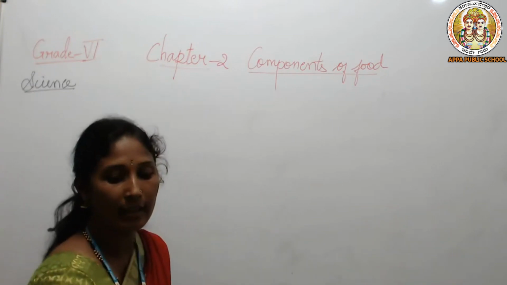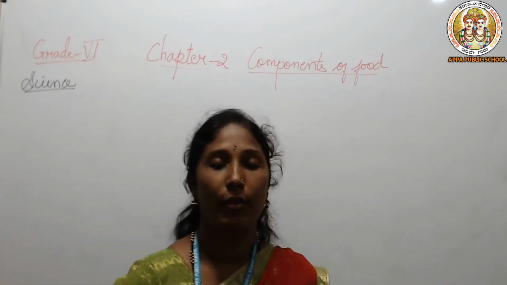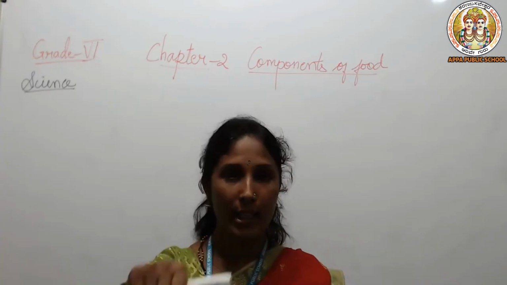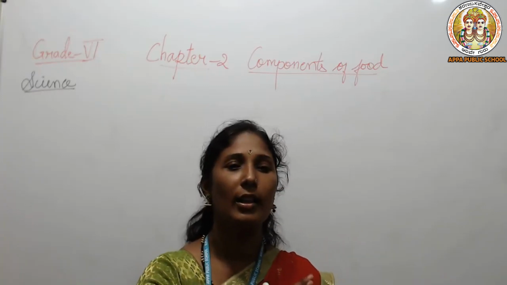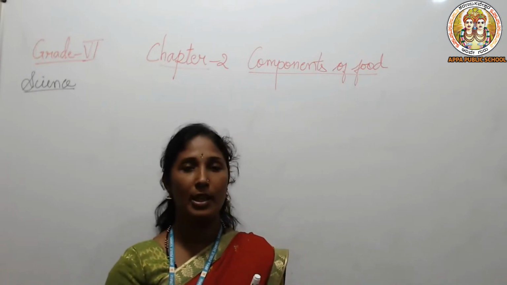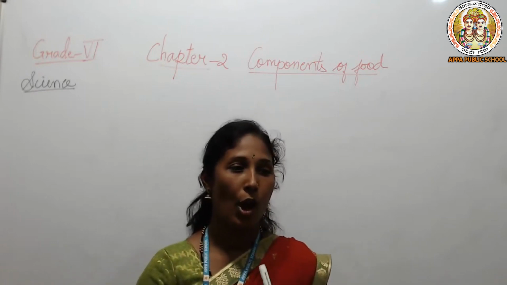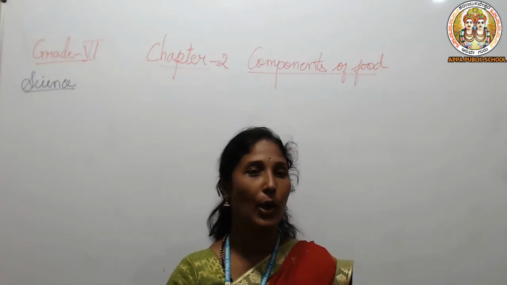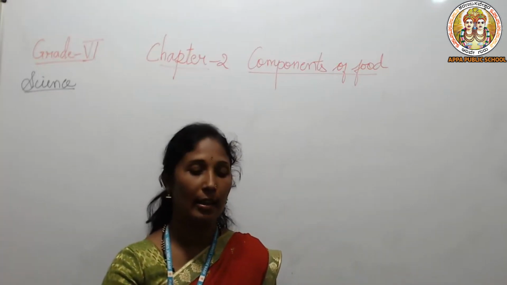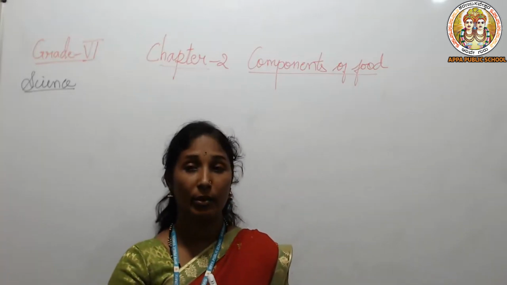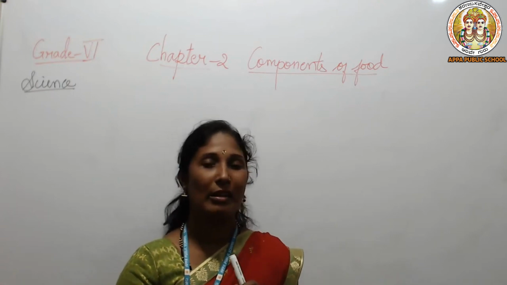What to understand is that a single food item doesn't contain all these nutrients. Yes, you want a sufficient amount of nutrients like carbohydrates, protein, vitamins, minerals. So what do we have to do? We have to eat all types of vegetables and fruits. We should not tell our mother, mother, I don't want to eat this vegetable, I don't want to eat that fruit, I don't like milk.